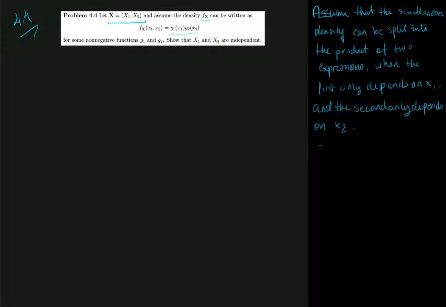Then show that, so assuming this, our goal is to show that x1 and x2 are independent. So what does it mean for x1 and x2 to be independent?